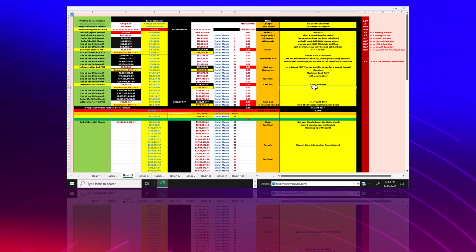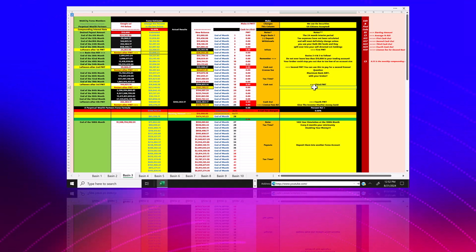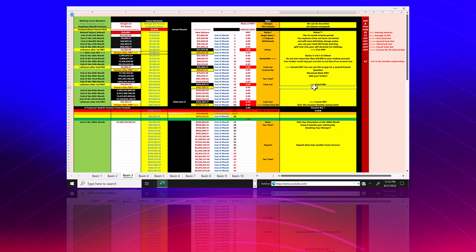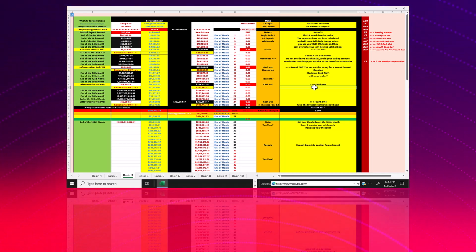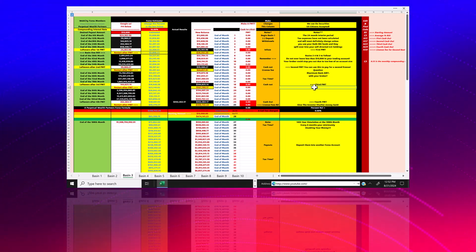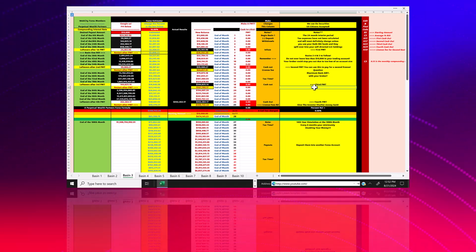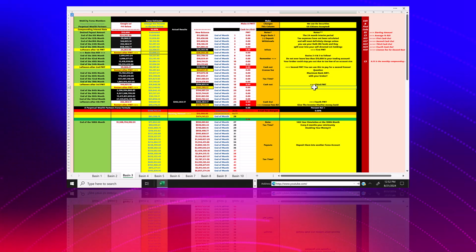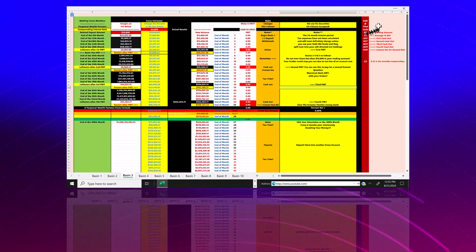So if you want to keep trading this and it goes over 100,000, then all you got to do is pull the money out of your Roth and pay them the extra fee for the growth. And that's about it. Thank you for watching. Talk to you later. Bye.